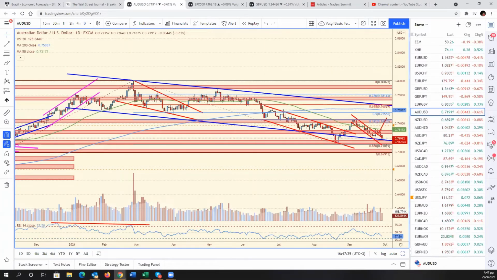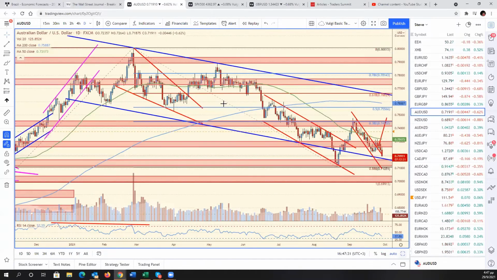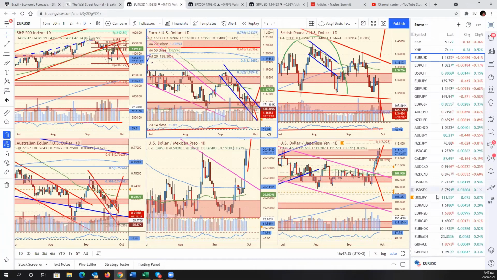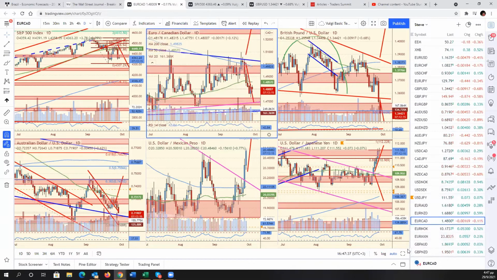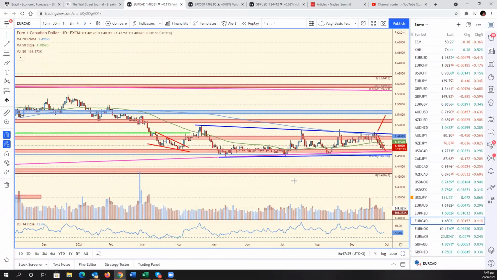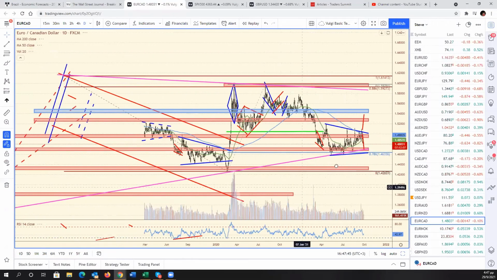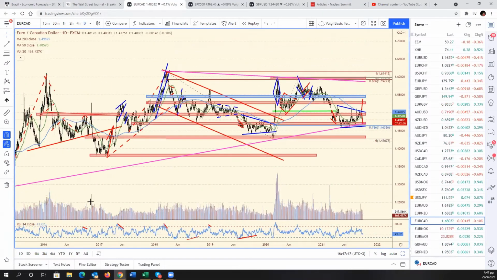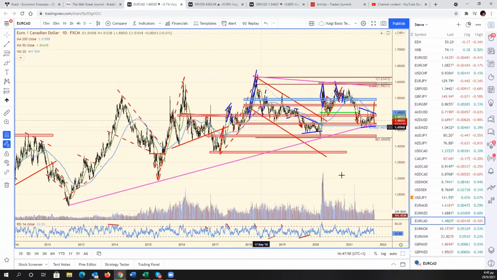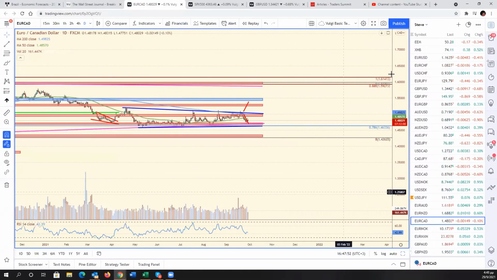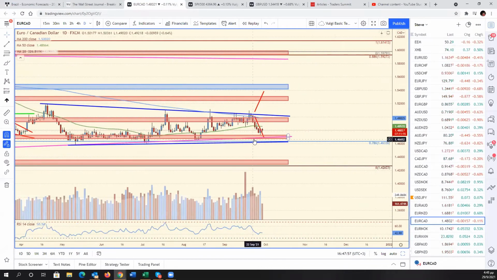We had Dimitri. Sorry, Dimitri, you wrote it in the Q&A. You have a question about EURCAD. I'll be more than glad to look at it for you right now. And here it is. Nothing is happening with the EURCAD because it is still trapped within this symmetrical triangle, which is for the time being contained within this bigger one. So nothing to do yet, but a break below 146, 146.50 is going to be a very bearish technical development.